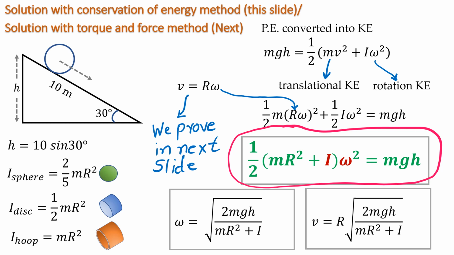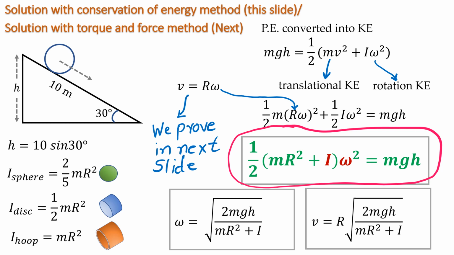Yet, it solves the essence of the problem that I would like you to see. You see, all the green colored are constants for the problem. Mass, radius, height are constant. Only moment of inertia and angular velocity are different for different objects.